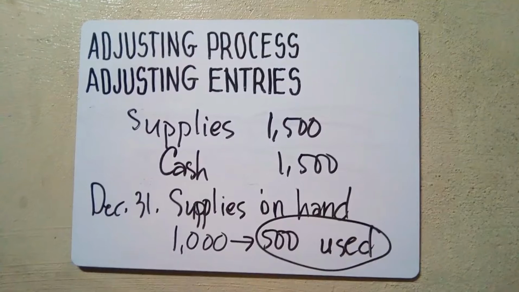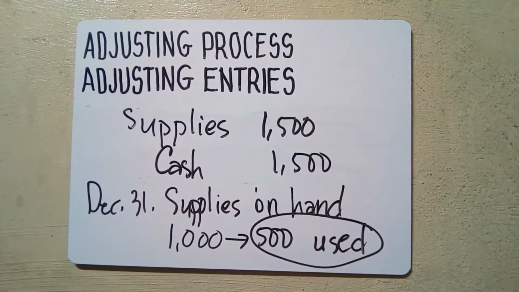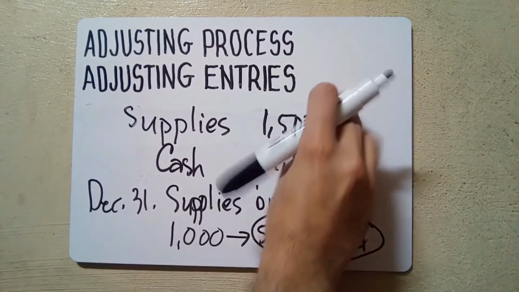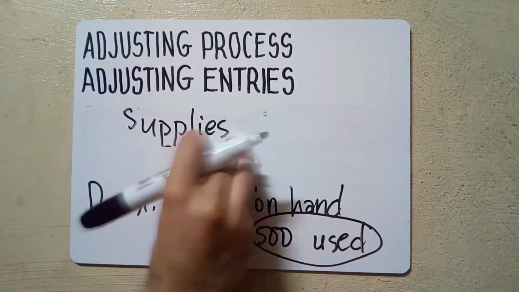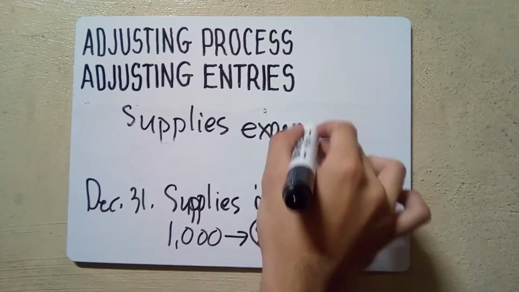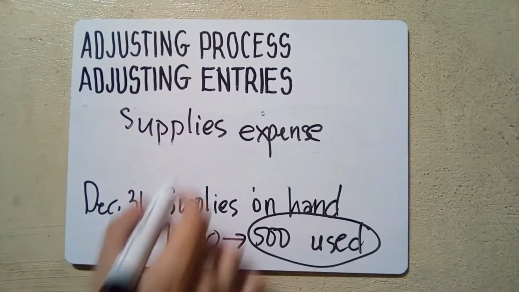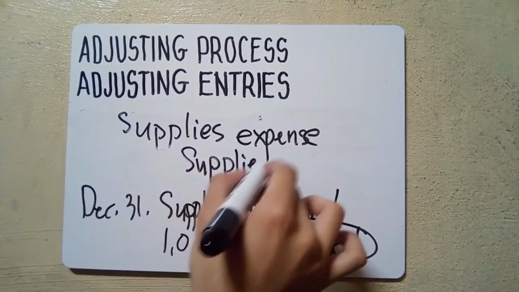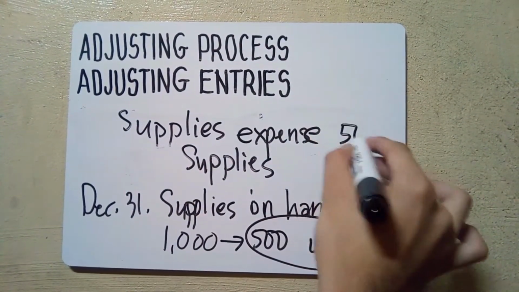The used portion of these supplies will be recorded as an expense. So the adjusting entry will be supplies expense is debited and supplies is credited, amounting to 500 pesos.